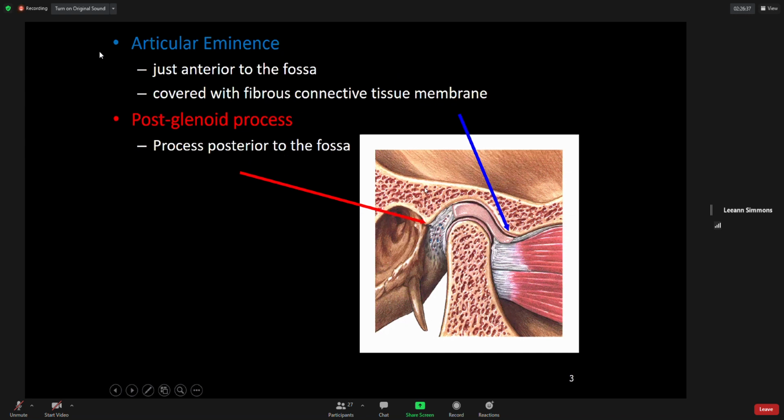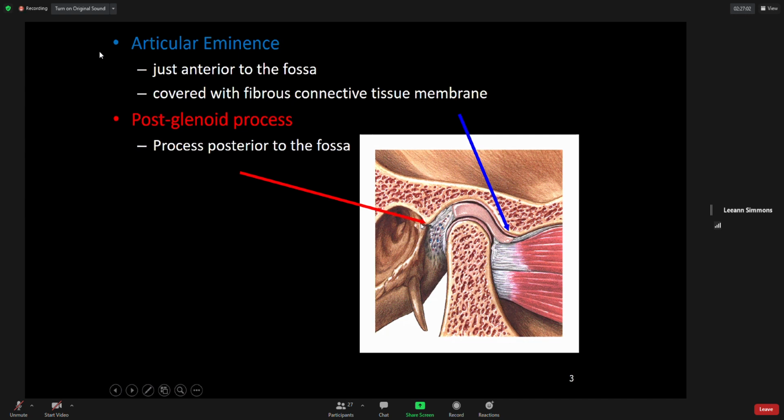The articular eminence, just anterior to the fossa, is something that you've labeled already. And it also, same type of bone and covered with that little thin pink connective tissue membrane here. And another component of this region is the postglenoid process, which is the process just posterior to your mandibular fossa.